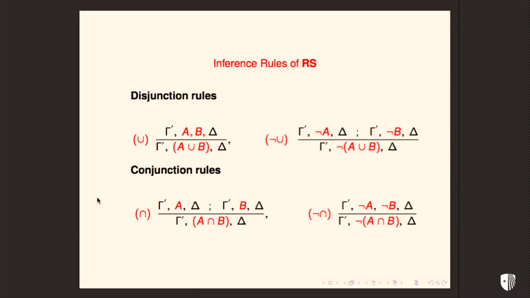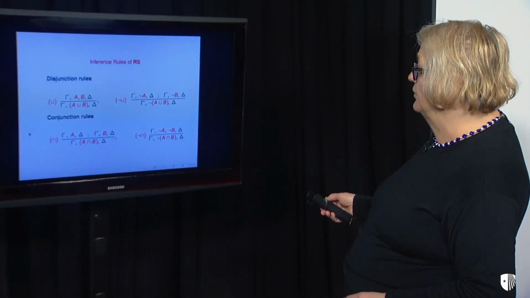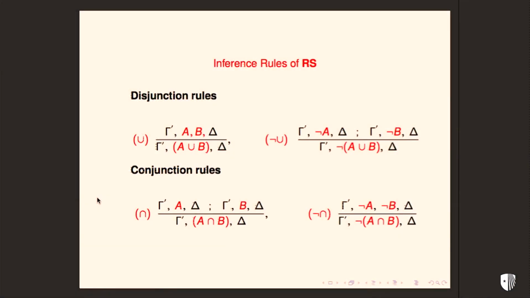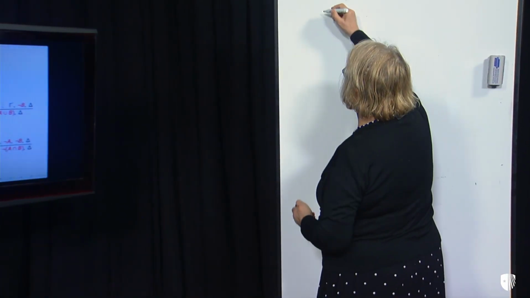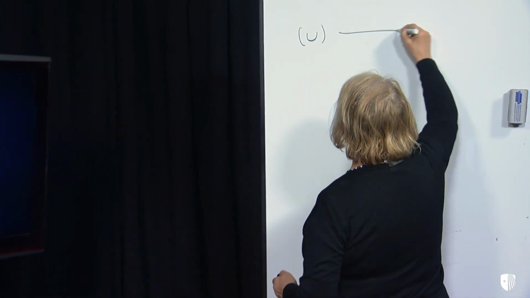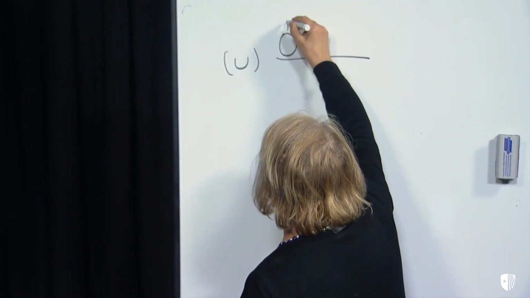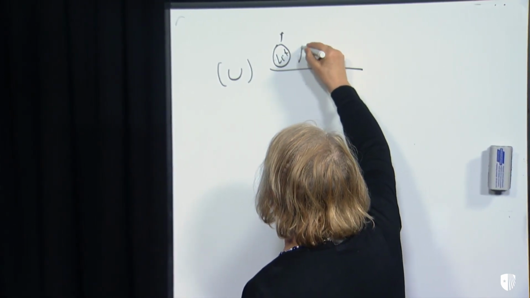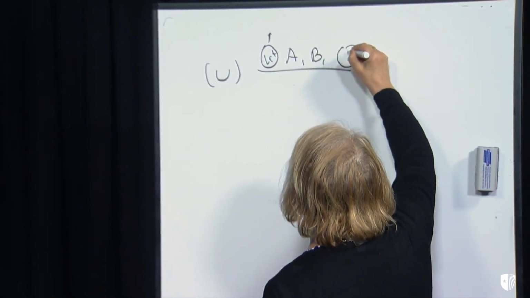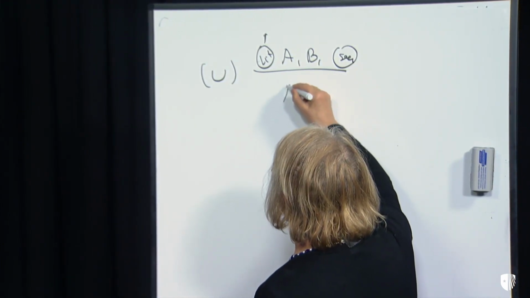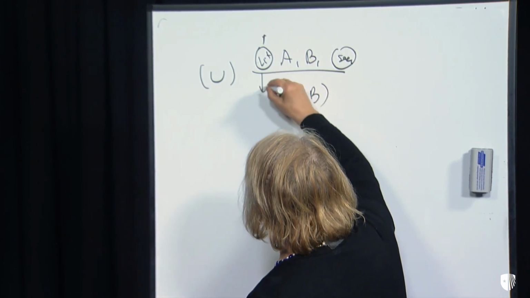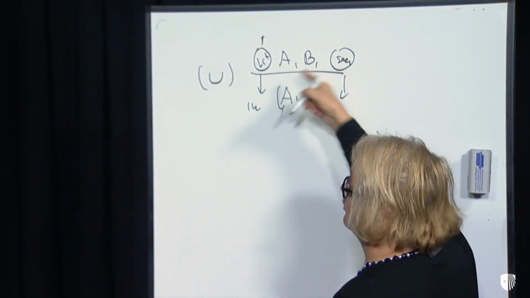You have A, B and sequences, and you can write A or B, but this is the same information. You keep all the information around.